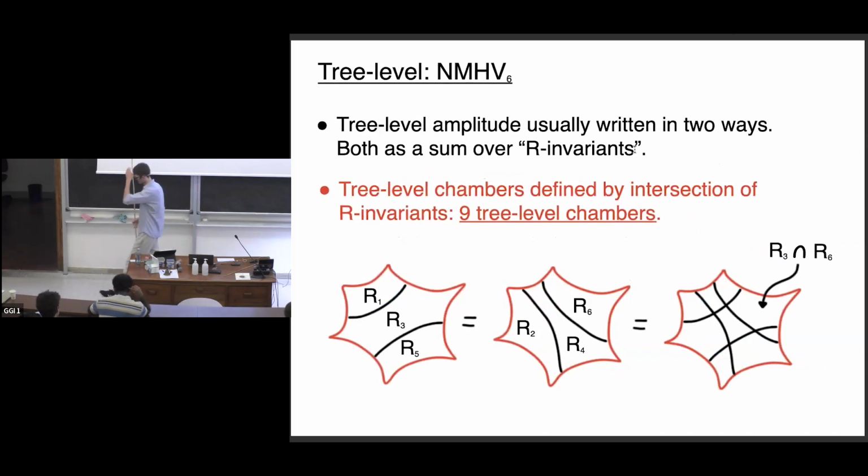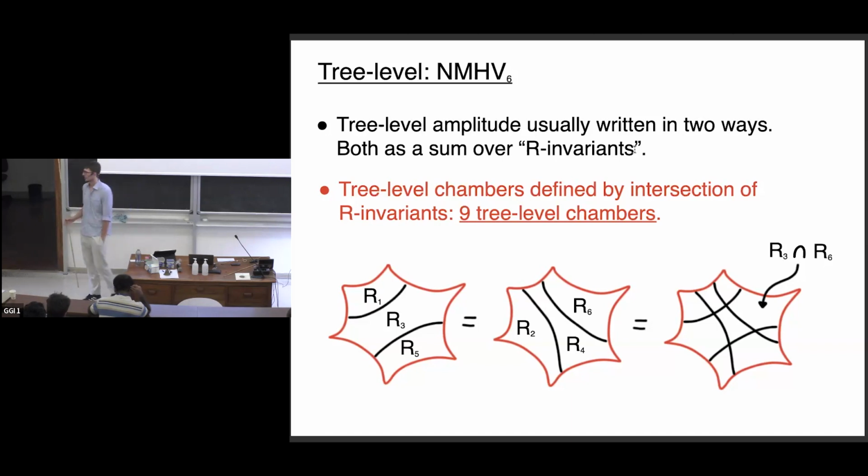That example was somewhat trivial because it was a single tree level chamber. The first example when this is no longer the case is NMHV6. For those of you familiar with the NMHV6 tree level amplitude, you know it can be written in two different ways, either as a sum over odd R invariants, R1 plus R3 plus R5, or as a sum over even R invariants, R2 plus R4 plus R6.